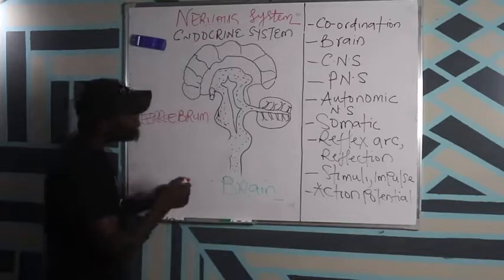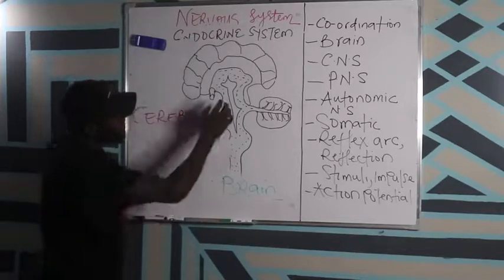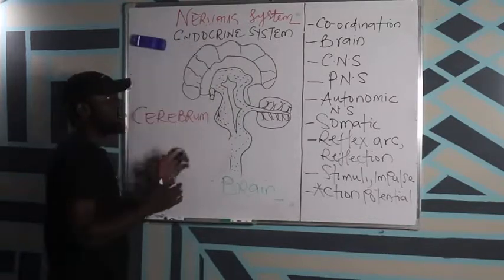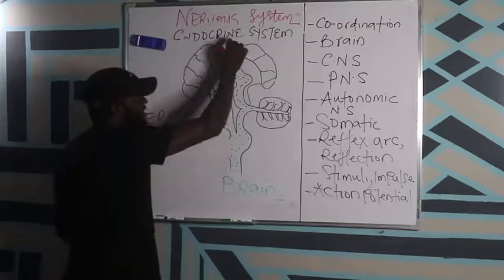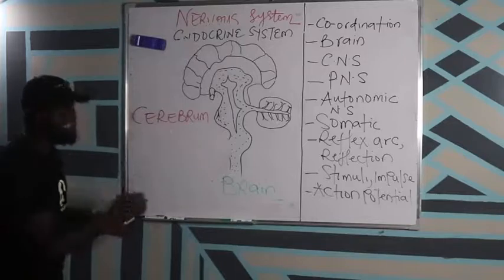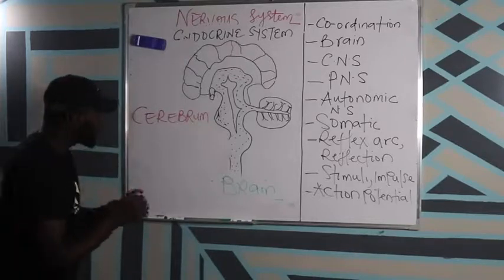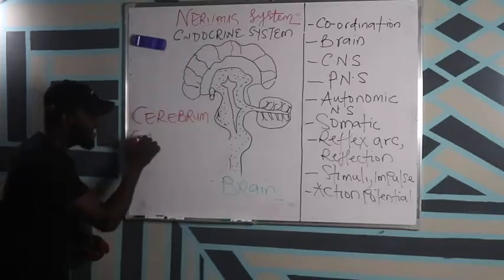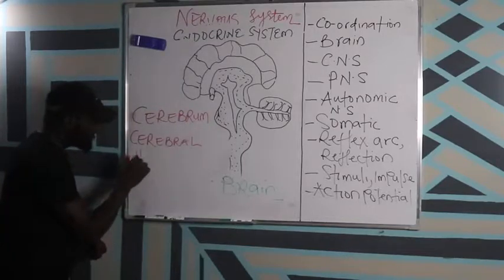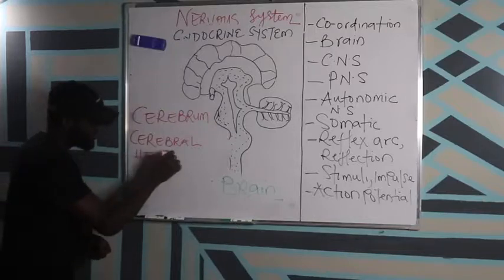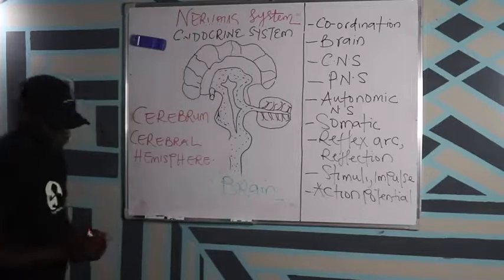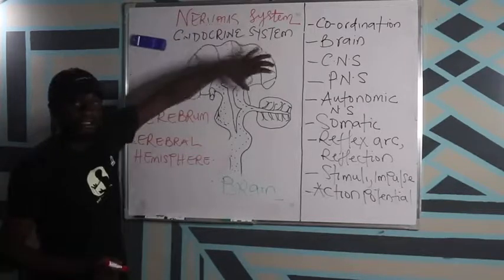Now this particular part, the cerebrum, is divided into two. So the cerebrum is divided into two halves, which are called the cerebral hemispheres.